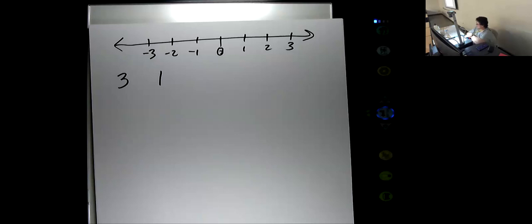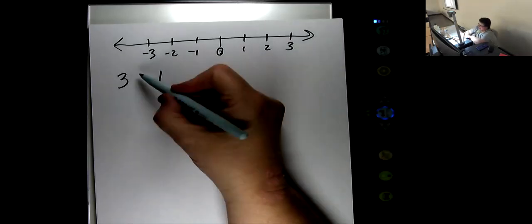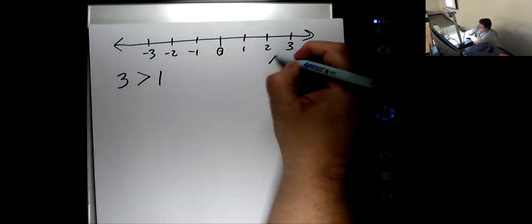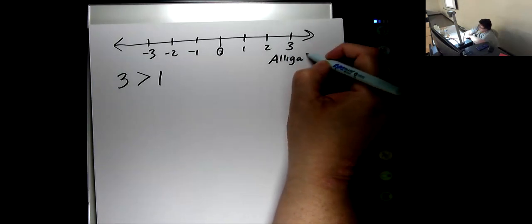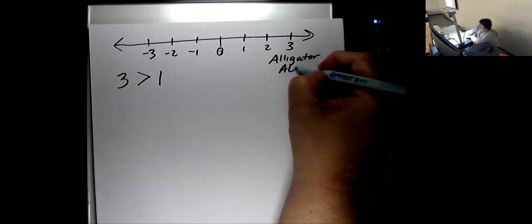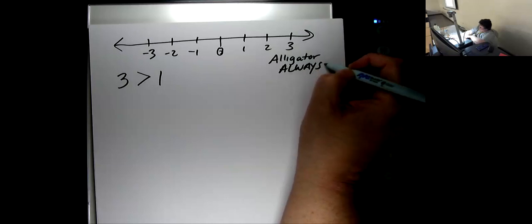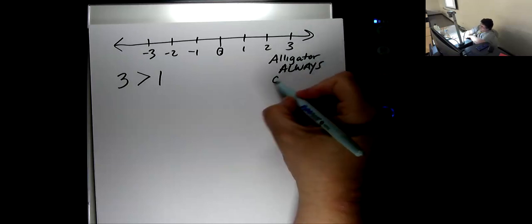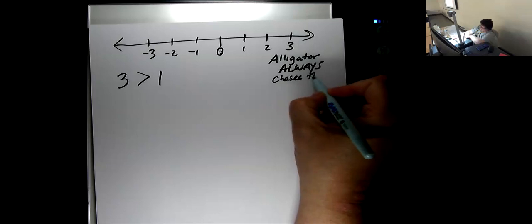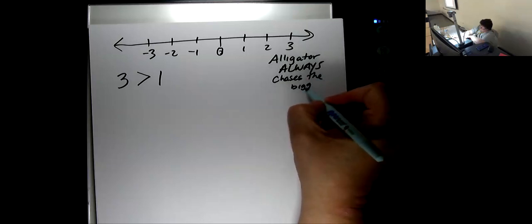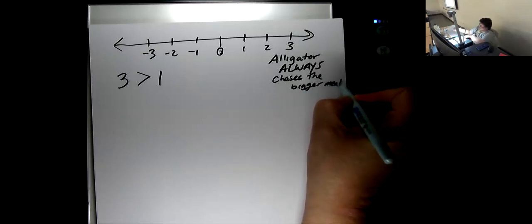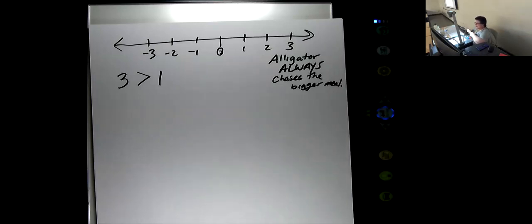Is it greater than? Greater. It's greater than. So what way does the alligator face? It faces towards the 3. The alligator always chases the bigger meal. The bigger the meal, the longer it has until it needs to find another meal.